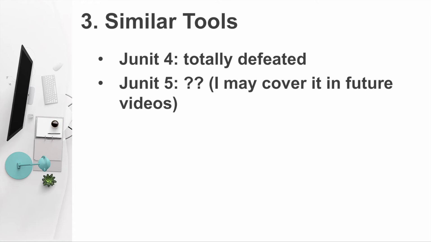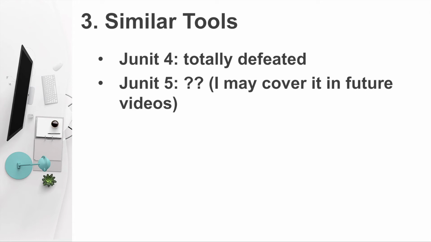There are some similar tools in the industry. For example, JUnit 4. It's also a Java-based test framework widely used by developers to do unit tests. However, JUnit 4 has been totally defeated by TestNG because, compared to TestNG, it's not easy to use and lacks the powerful features provided by TestNG.